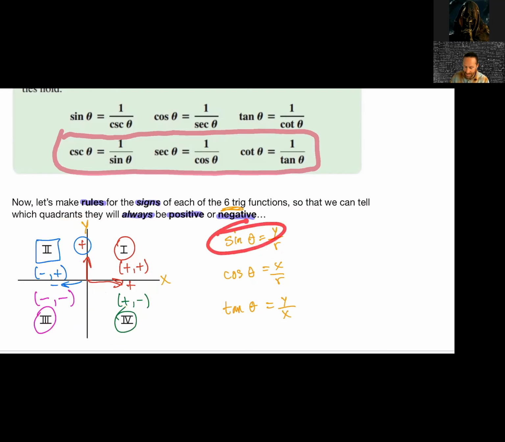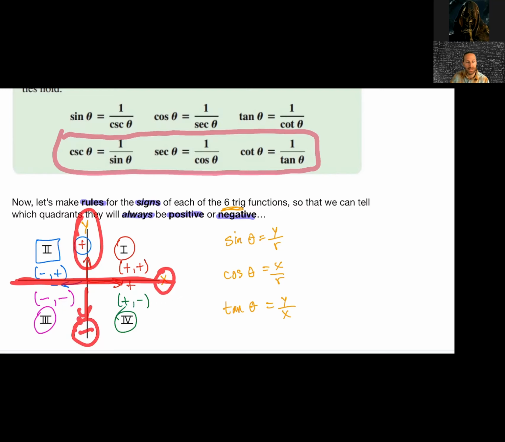So when we're looking at sine, we're really only looking at the y value because r is always going to be positive. So to see if it's positive or negative in which of the four quadrants, we really only need to focus on the y value for sine. And we know that the x-axis separates the y values that are positive from the y values that are negative.